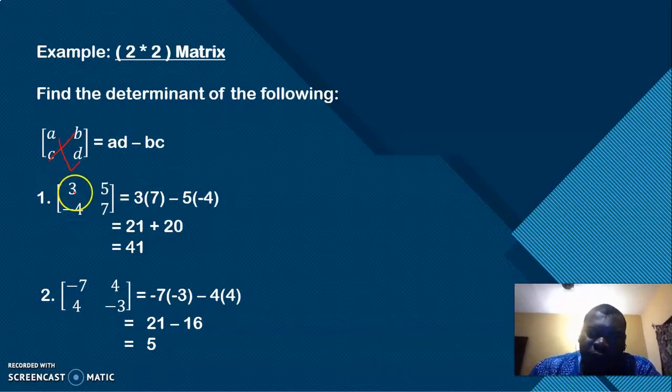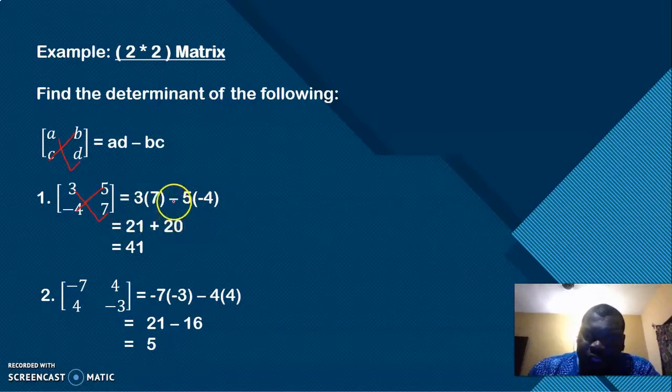So number one, we have matrix 3, 5, minus 4, 7. Like I said earlier in the formula, A and D, so this 3 will multiply 7 and 5 will multiply minus 4. So 3 times 7 minus 5 times open bracket minus 4 close bracket. 3 times 7 is 21.